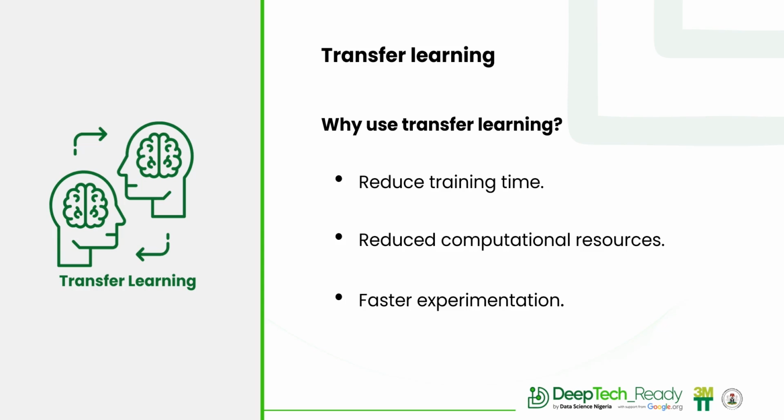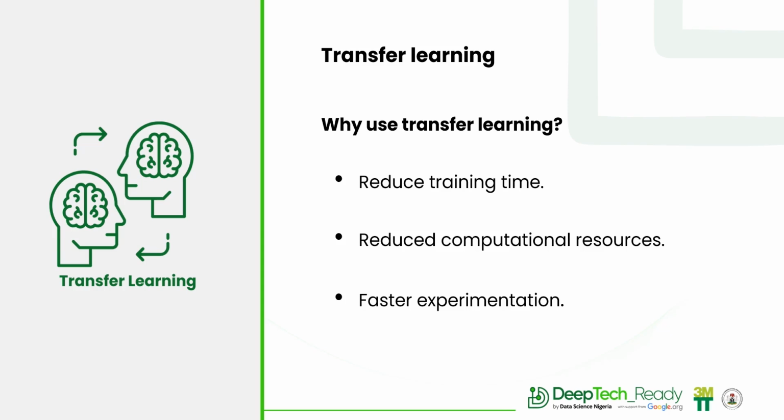So it's literally consuming less memory and doing less compute in order to learn those new features. Compared to training it from scratch, whereby it needs to run a lot of computation to learn all the features. And of course it's a faster way of experimenting.